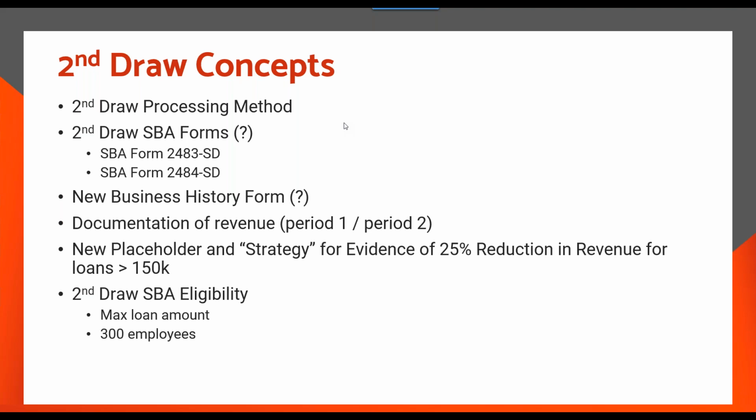There'll be a corresponding strategy. If you're a Spark geek like me, you might know what a strategy is. If not, ask Emily. And then finally, we've got our second draw SBA eligibility that we'll need to build in, and that'll be based on the 2484 SD that is hopefully coming soon. But more than likely, it's going to do some validations around max loan amount and the 300 employee eligibility rule.